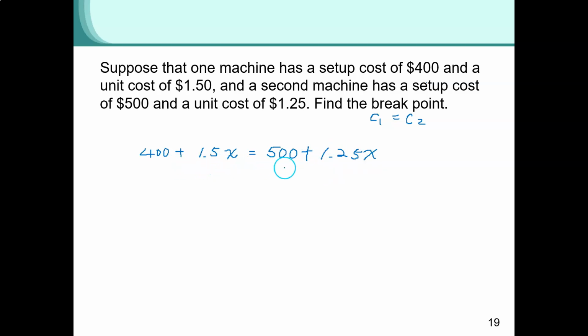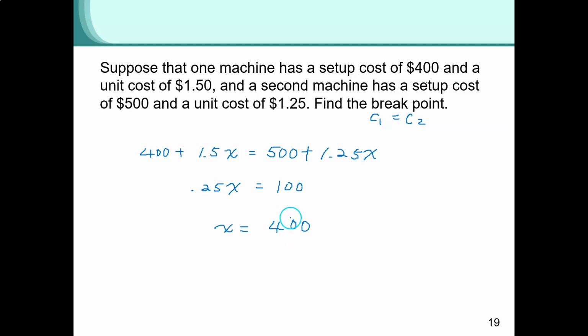Now we have the equation set up. We solve for x. Bring the 1.25x to the left-hand side. We will get 0.25x is equal to 100, after subtracting the 400 on both sides. So x is equal to 400.